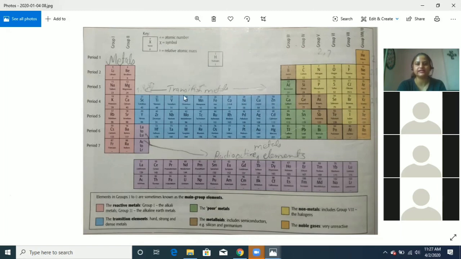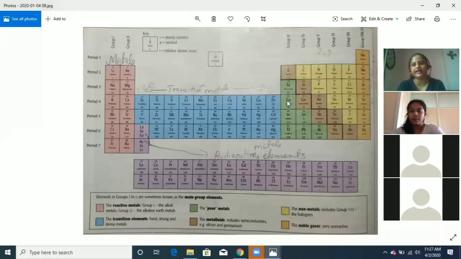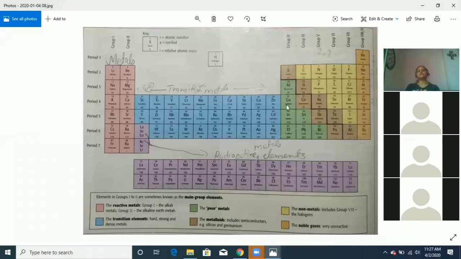Scandium to zinc, 21 to 30, these 10 elements have different properties than aluminium. Then the next, the 31st element, gallium, has similar properties to aluminium. Aluminium, boron and gallium have similar properties. That's why gallium is kept below aluminium. Same with germanium, arsenic, selenium, bromine, krypton.